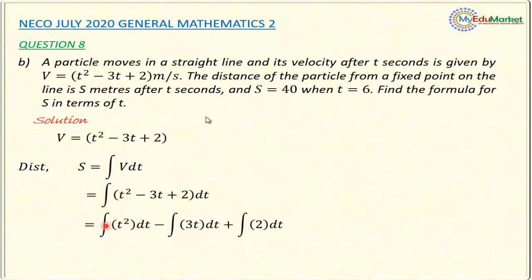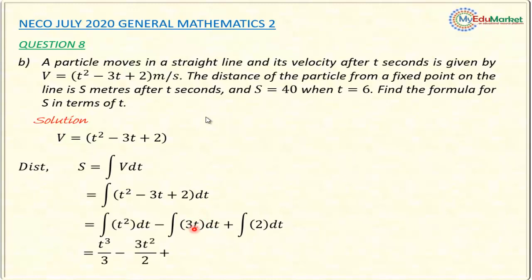So let me start with the integral of t squared. The power 2 increases by 1, and that t raised to 3 is then divided by 3. So I'm going to have t raised to 3 all over 3, then minus the integral of 3t. That t has power 1, so power 1 increased by 1 gives power 2, and everything is divided by 2 also.